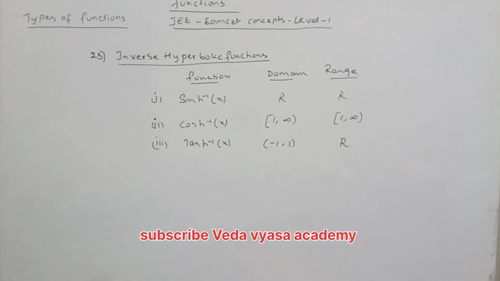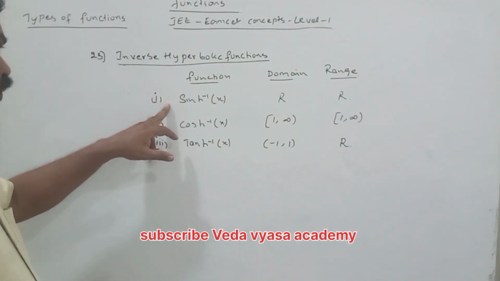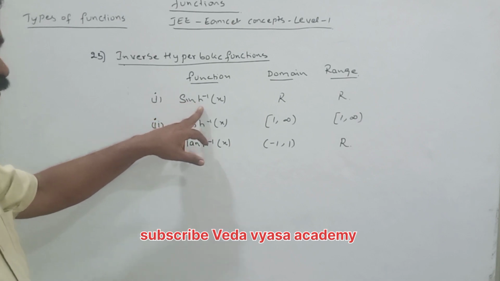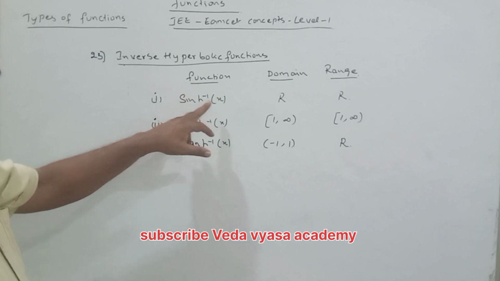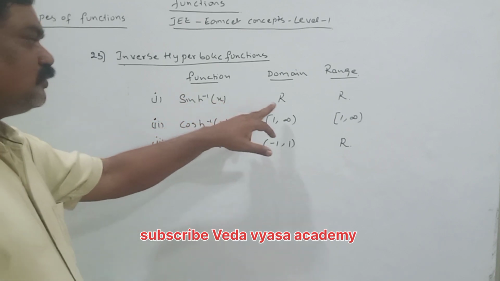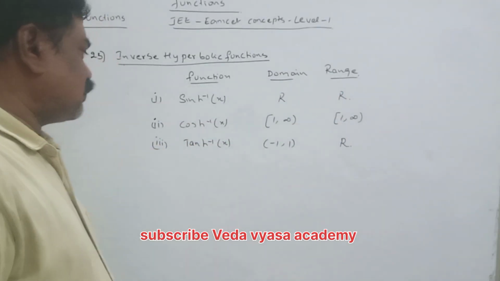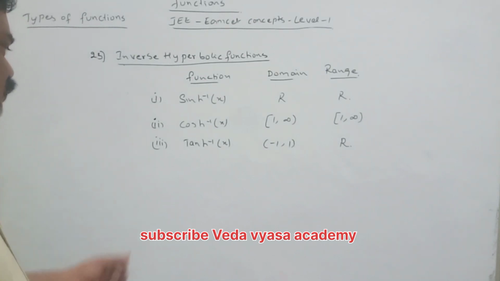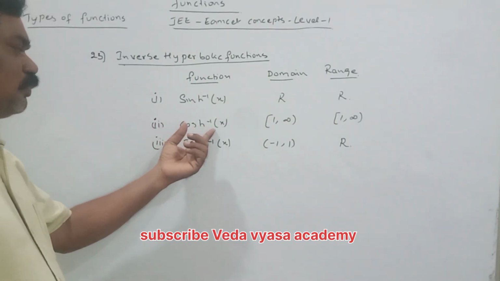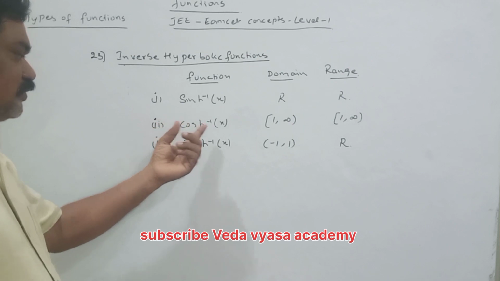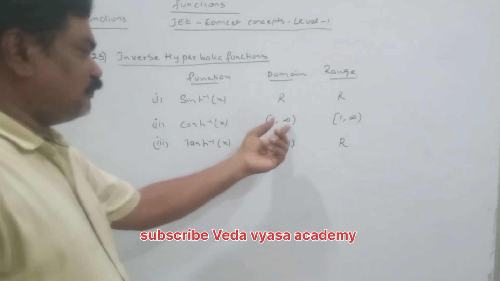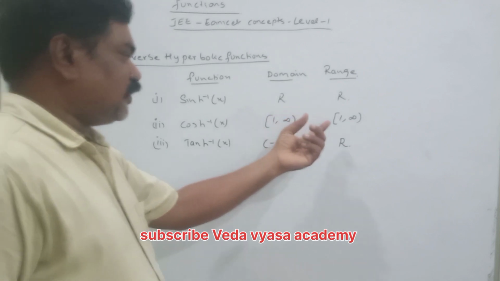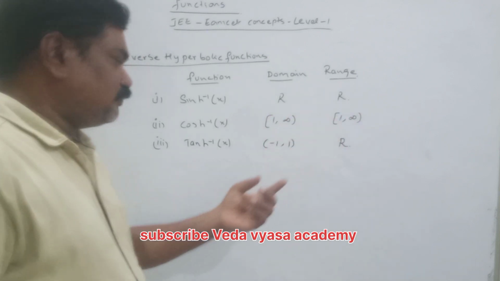Once again you see, the inverse of the sinh hyperbolic function, sinh inverse of x: domain is R and range is R. Inverse of the cosh hyperbolic function, cosh inverse of x: domain closed interval 1 to infinity open and range closed interval 1 to infinity open.